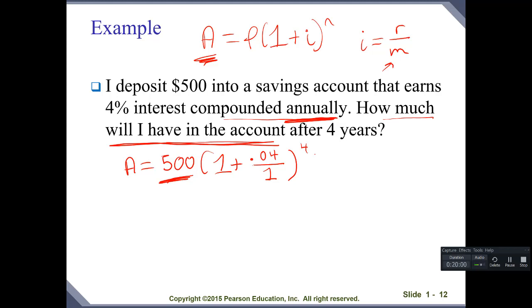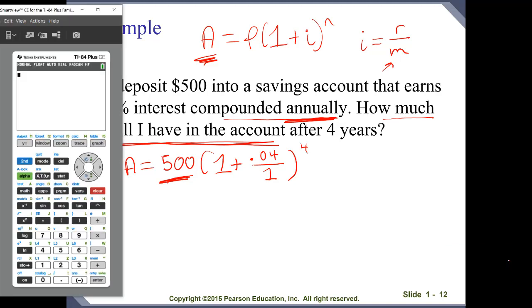So I can put this into my calculator now. All right, so I have my calculator on the screen. I'm just going to keep the calculator on the screen. I think it's going to be quicker. So I'm just going to plug this in again because I'm using a TI-84. I don't have to do anything ahead of time.